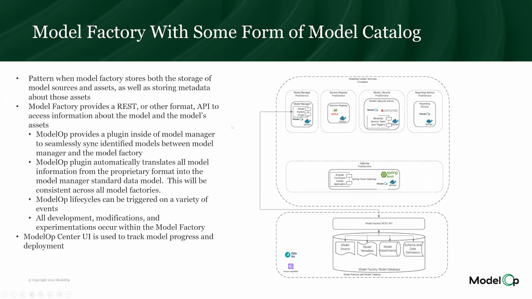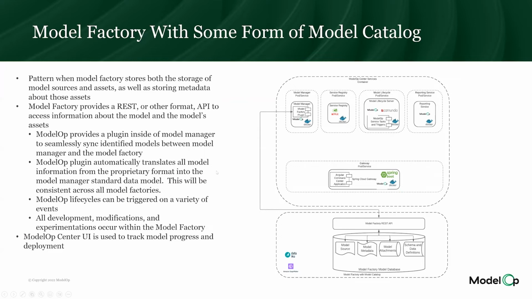So for instance, with Amazon SageMaker, it'd be the ARN, to actually say, hey, this model is a potential candidate for production, so we would like to begin following it rather than just an experimentation. All you will do is tell us to start tracking that, and we will go out and transform all that information into the same format as what you see from a direct Git, with additional information that makes up the proprietary information associated with that particular model factory.